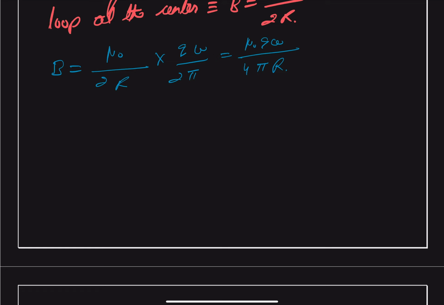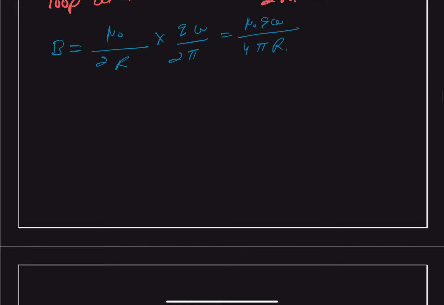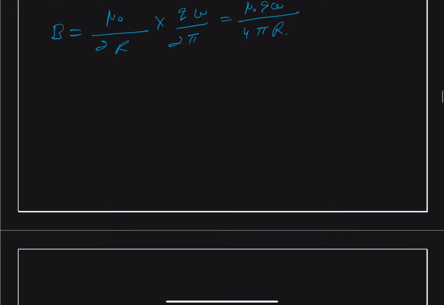And we can easily find out the value of charge from here. So we can say that our charge q will be equal to 4 pi r multiplied by magnetic field and divided by mu naught omega.